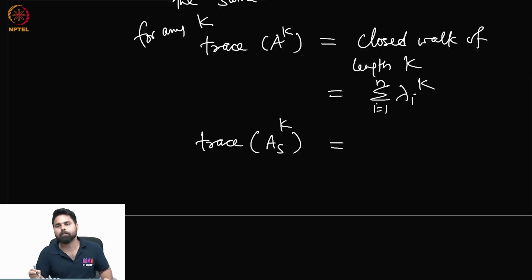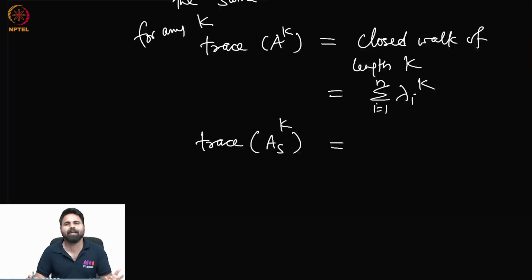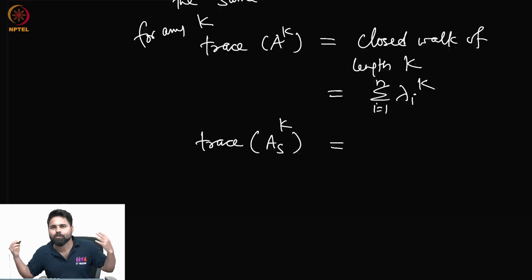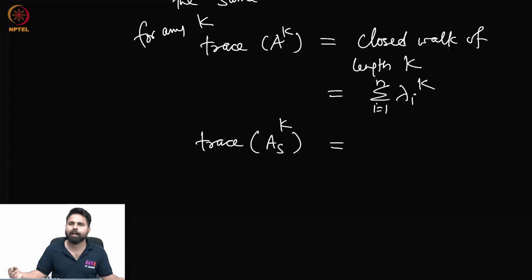Here the product can be either 1 or -1. If the walk is balanced, the product will be +1. If the walk is unbalanced, the product will be -1. Similar to cycles, we are defining balanced walks and unbalanced walks. If the walk has an even number of negative edges, we call it a balanced closed walk, otherwise unbalanced.